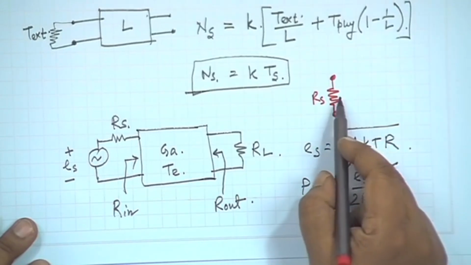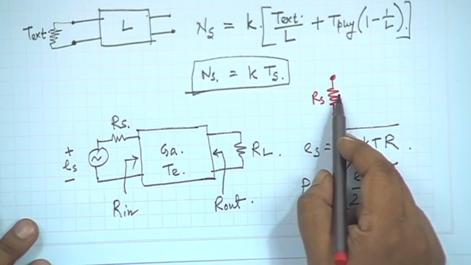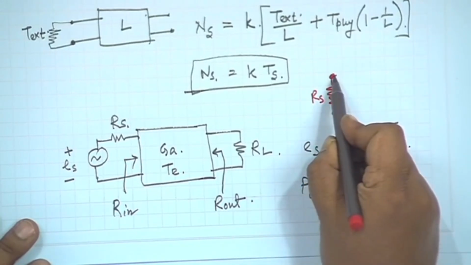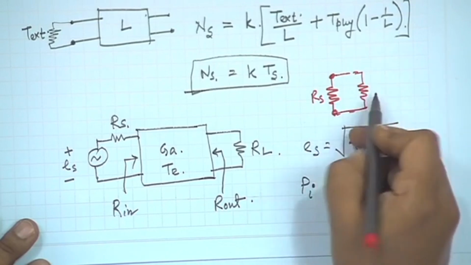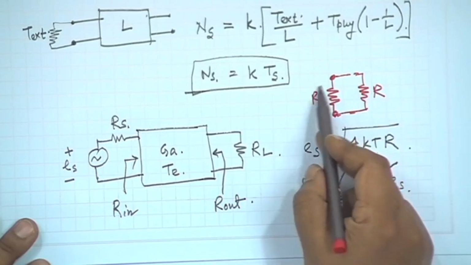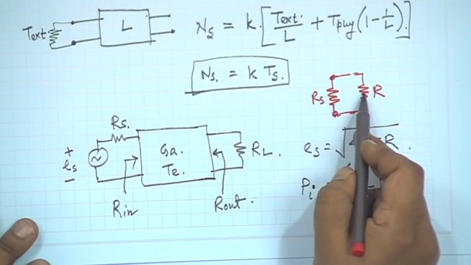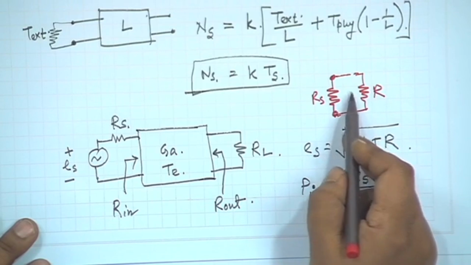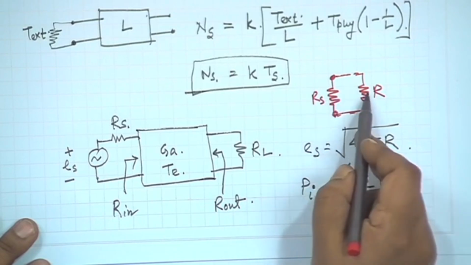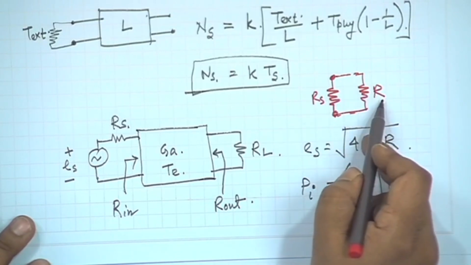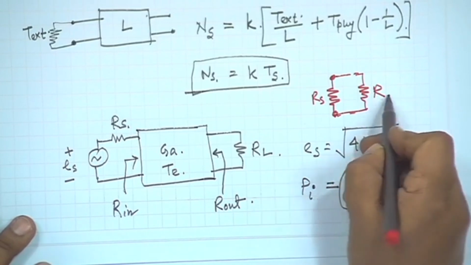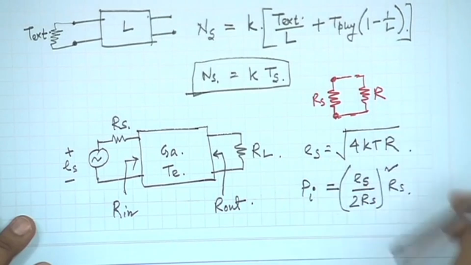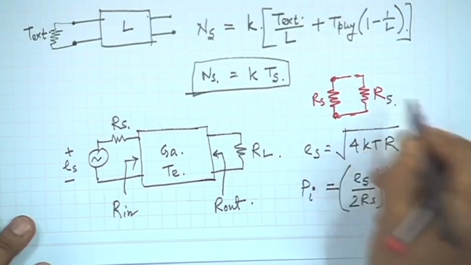I want to extract noise power from this source, or we can say in other words, we are connecting a resistor here. So, some noise power will be delivered to the resistor. Then we are considering what is the maximum noise power that is being delivered to this resistor, and that happens according to the maximum power transfer theorem, when this R is equal to RS.